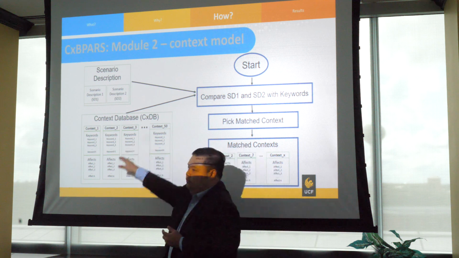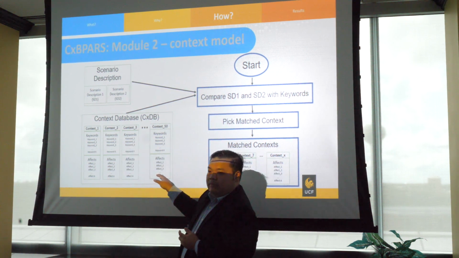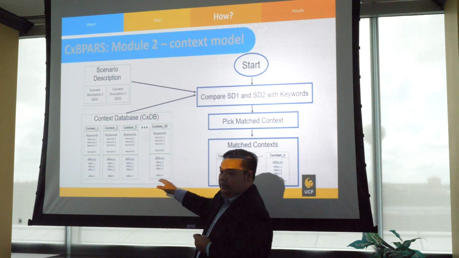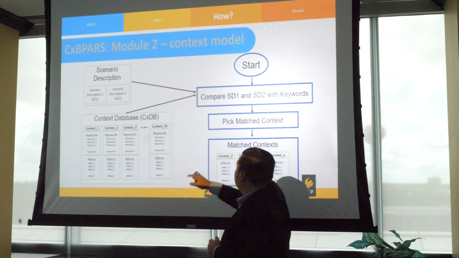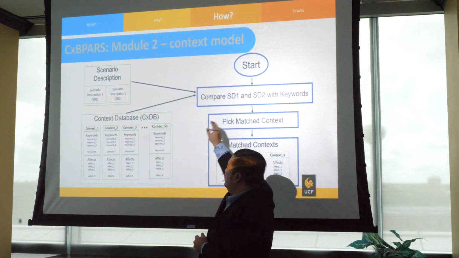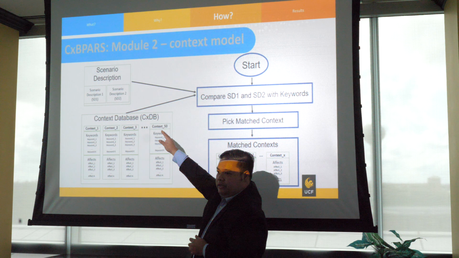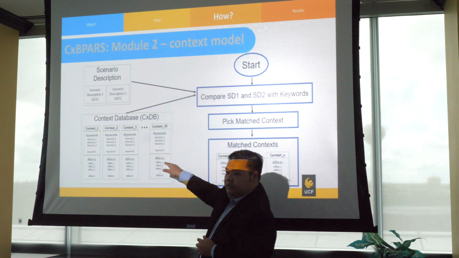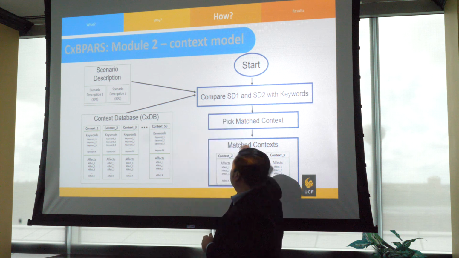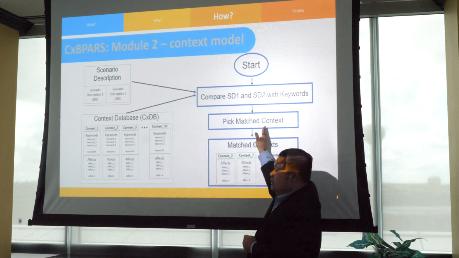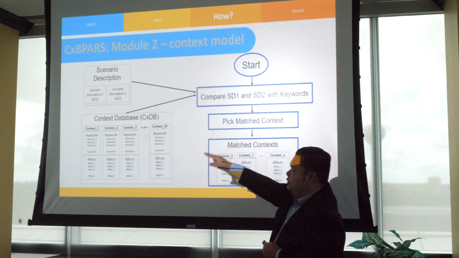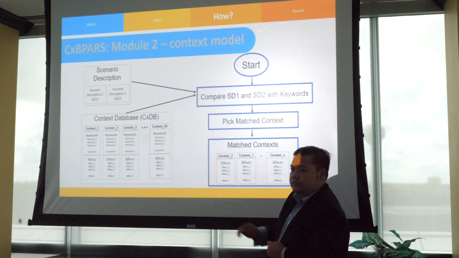This is built by us. We have about 50 initial contexts in the database as our starting point of what might be happening around us. Okay, knowledge base. And then we compare our scenario description, the keywords, the action words, with the context database using a simple approach, string comparison. Then we pick the matched contexts, and we come up with a certain number of contexts that matched between the scenario description and the context database.